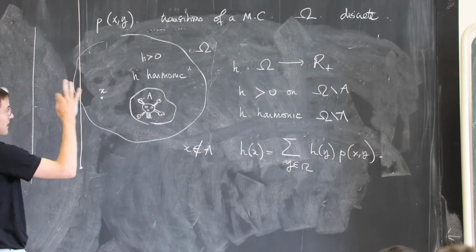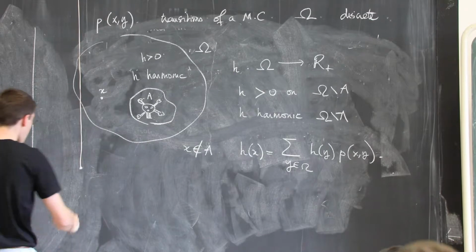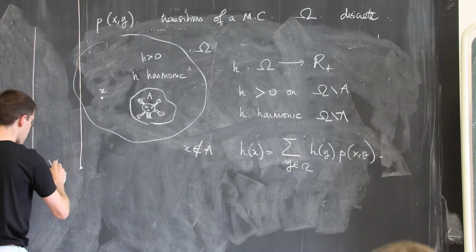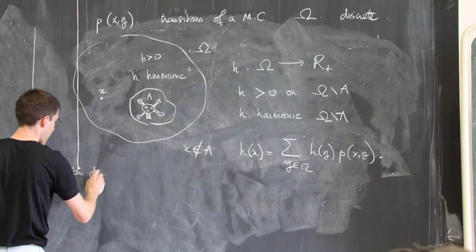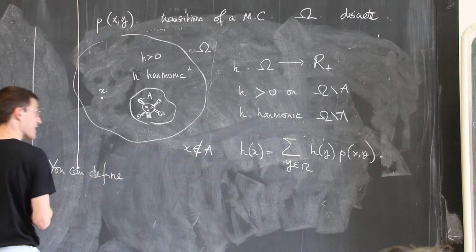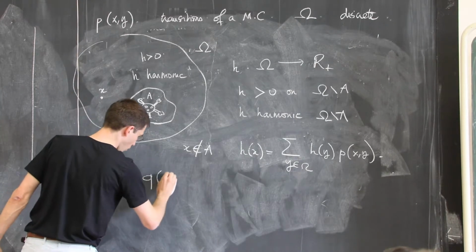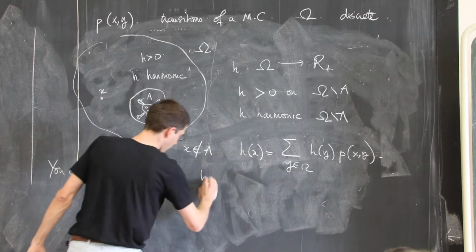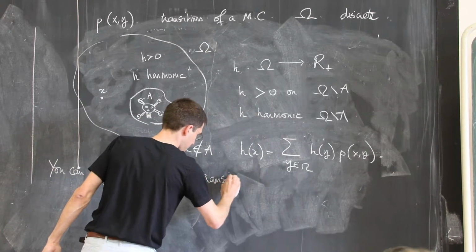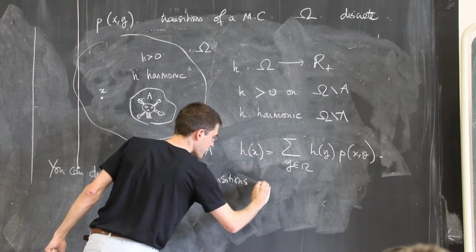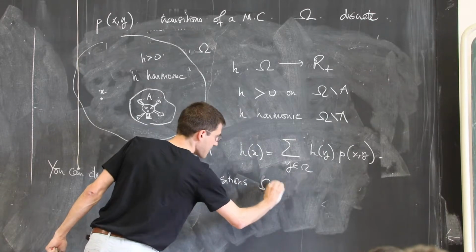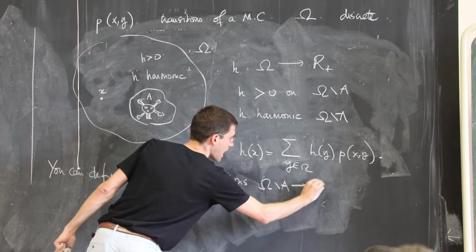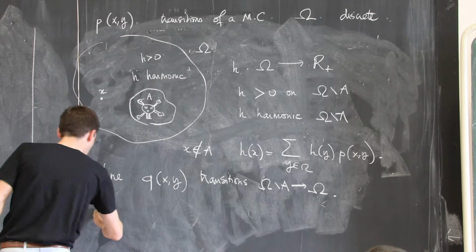Okay, so if you are in this setup, I claim that you can define new transitions, q of xy. So they are transitions from the complement of A to omega by the following formula.